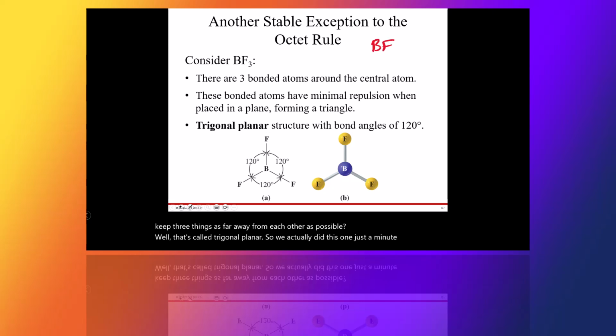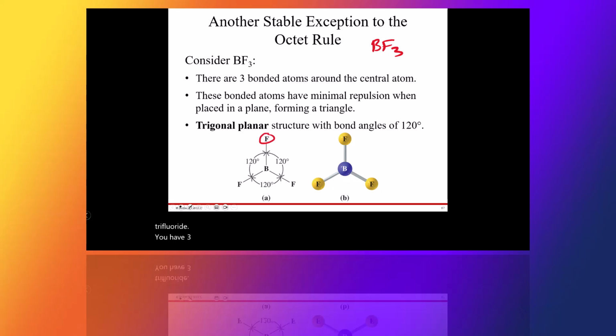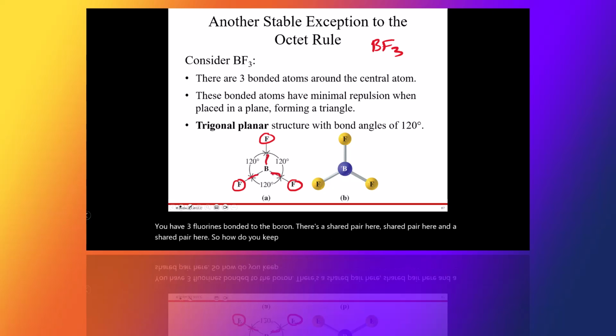Boron trifluoride. You have three fluorines bonded to the boron. There's a shared pair here, a shared pair here, and a shared pair here. So how do you keep these bonding pairs as far away from each other as possible? Well, you arrange them in the order of a triangle. So that's a triangle here.